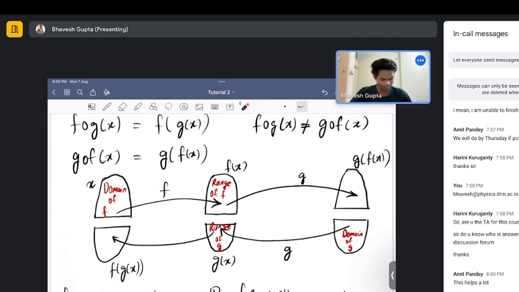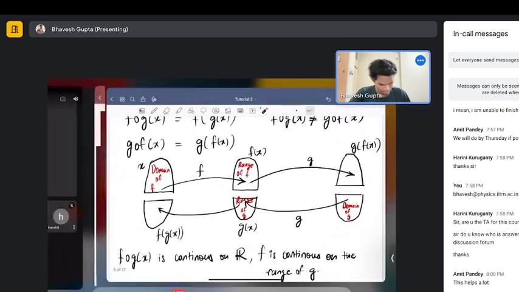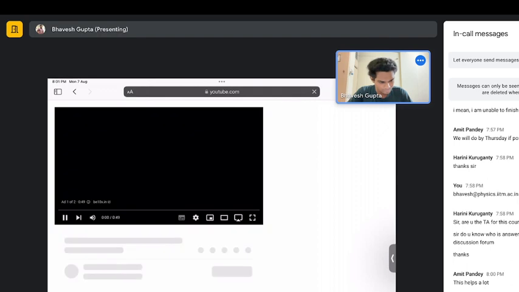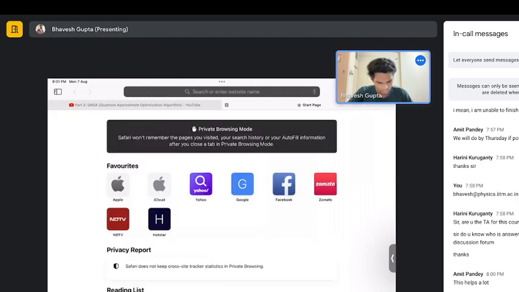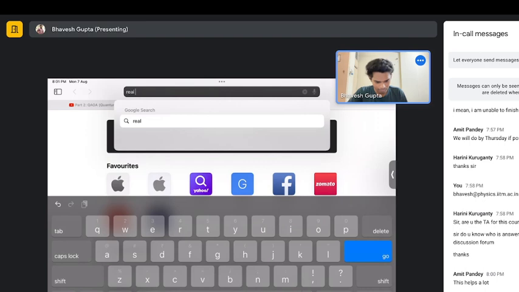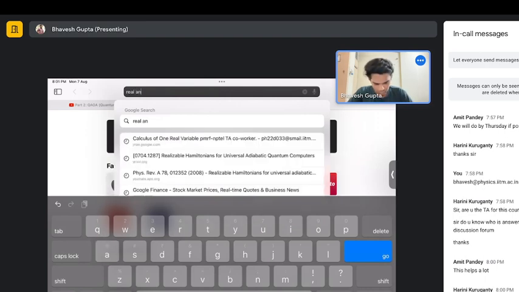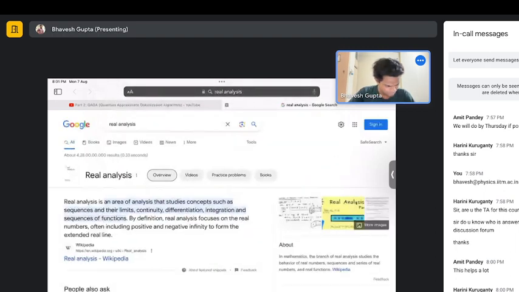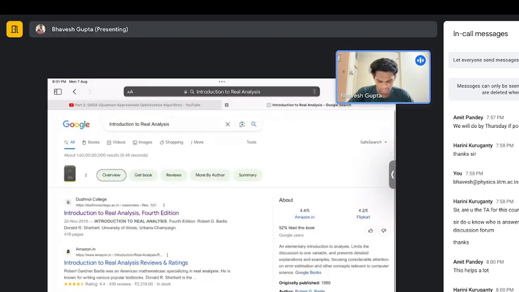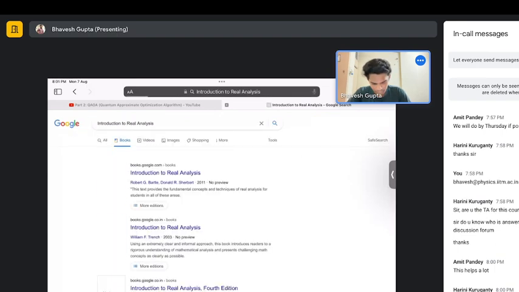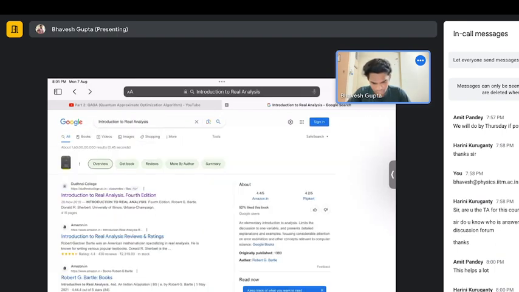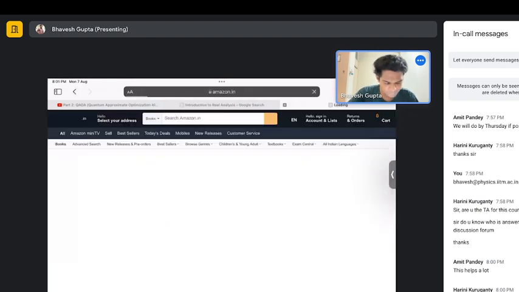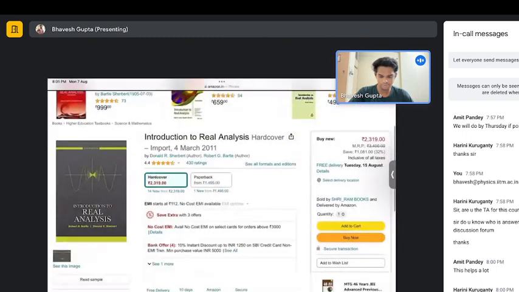A book I recommend is this one. I studied from this book.